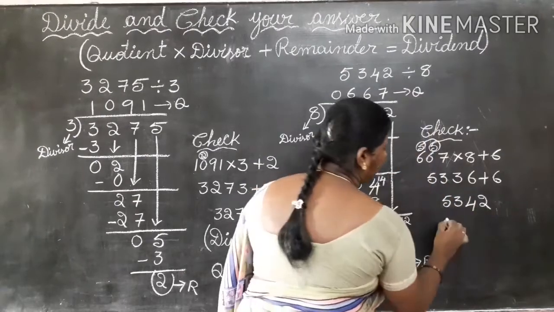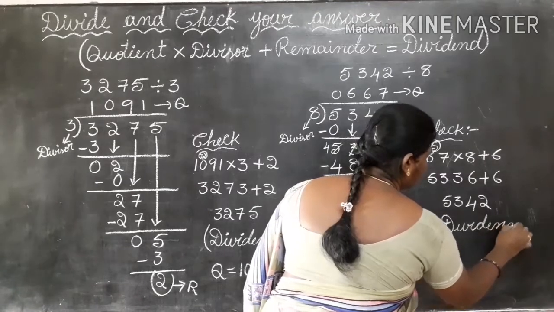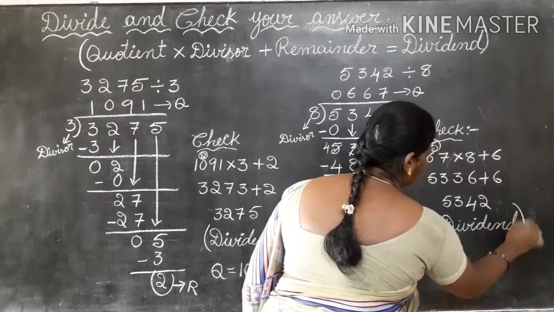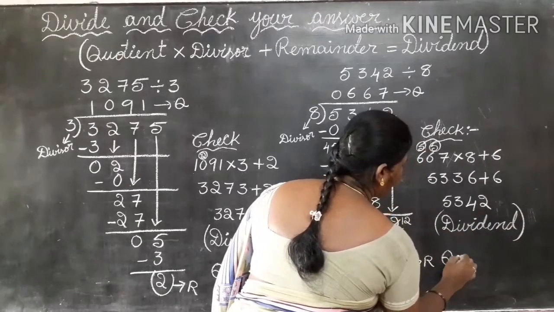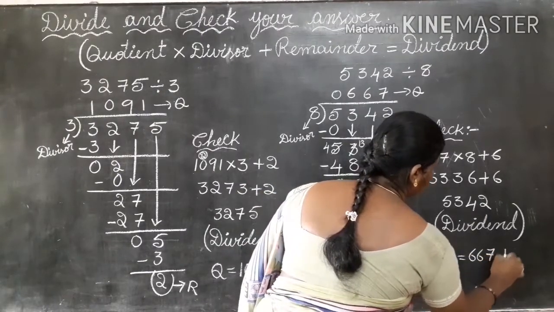So we get dividend. It is dividend. So what is the quotient here? Quotient 667, remainder 6.